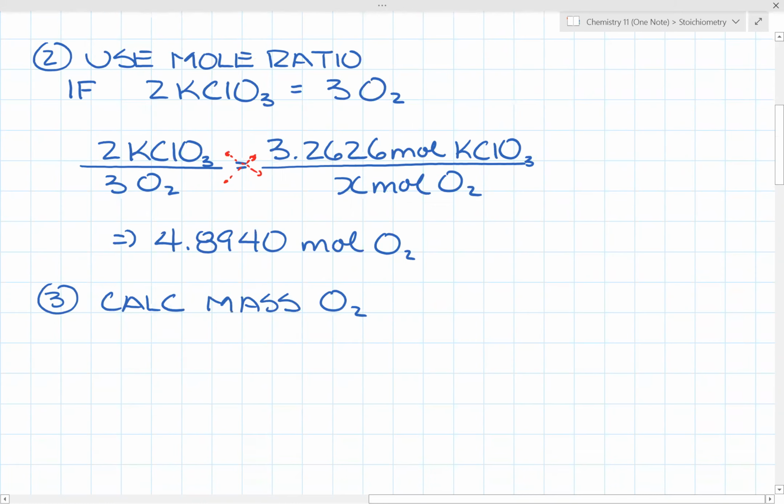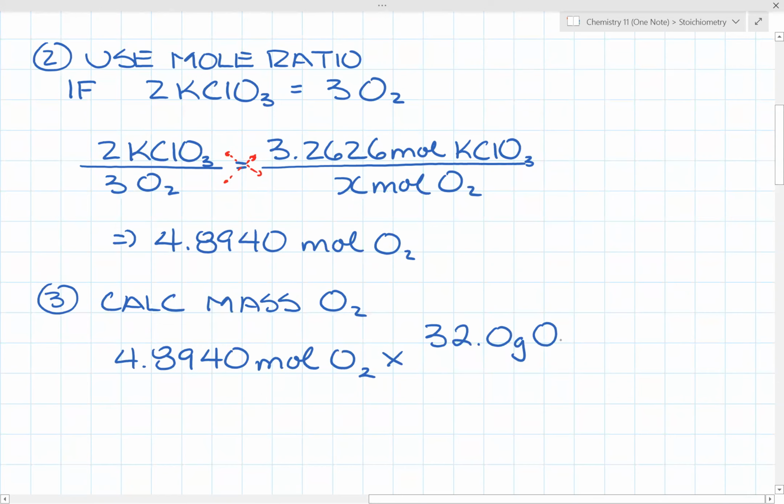We take our 4.8940 moles of O2, multiply it by 32.0 grams of O2 all over 1 mole of O2. I multiply by 32, and I get an answer of 156.6 grams of O2.